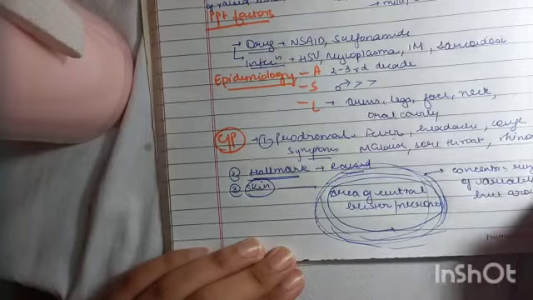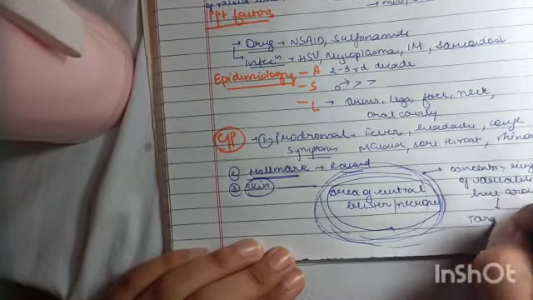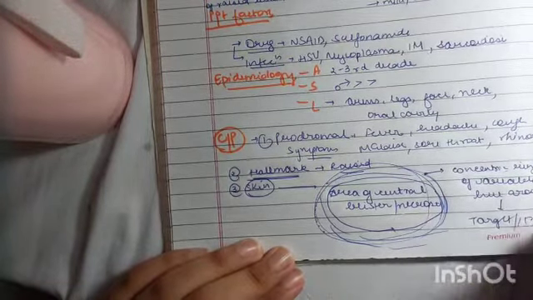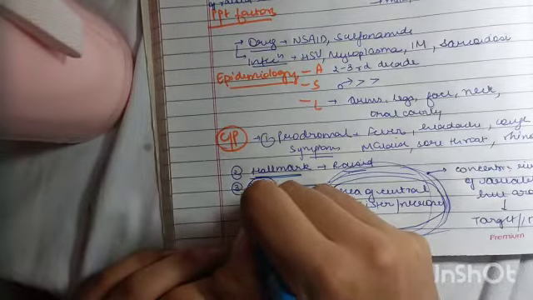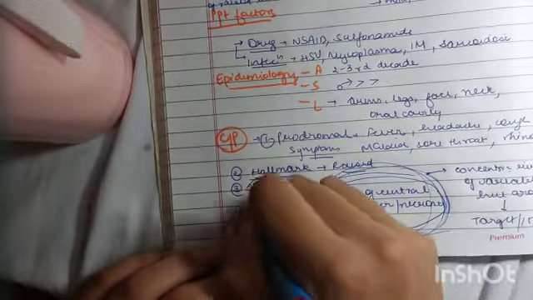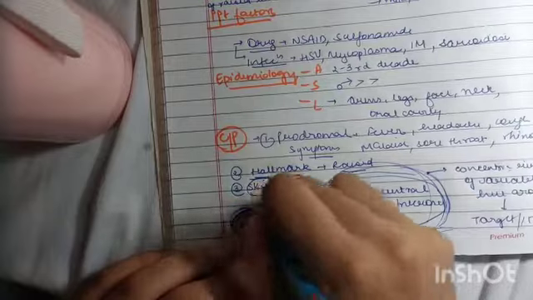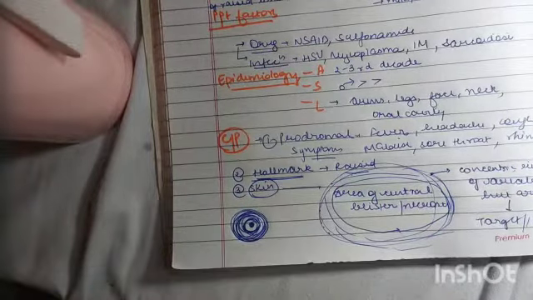This is the reason why it is called target or iris lesion. Suppose a target is something like this, right? So that is why it is called target lesion.